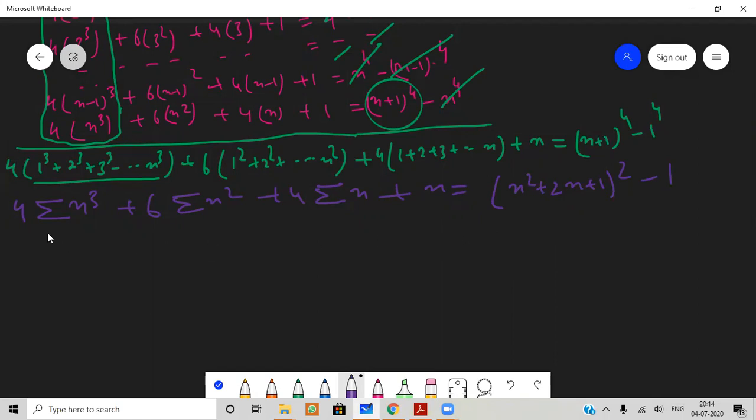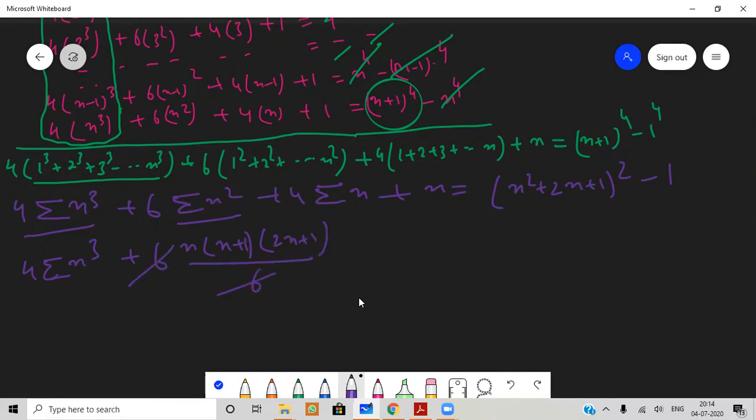Now, since I'm interested in this, I'll keep this one side. Let this be here only, 4 times sigma n cube, plus 6 times this we know, sigma n square, we have derived this in our earlier video, which is n into n plus 1 into 2n plus 1 divided by 6.